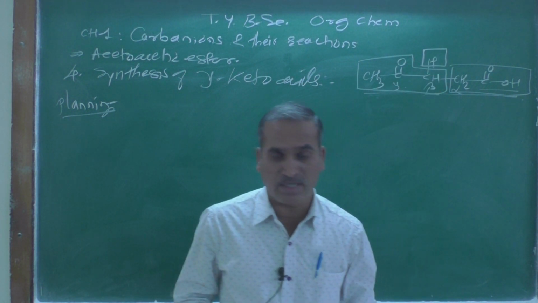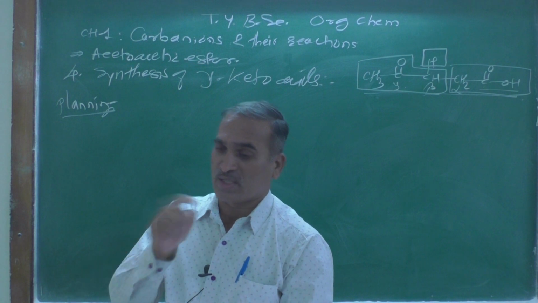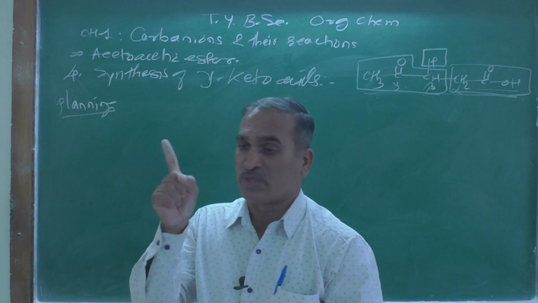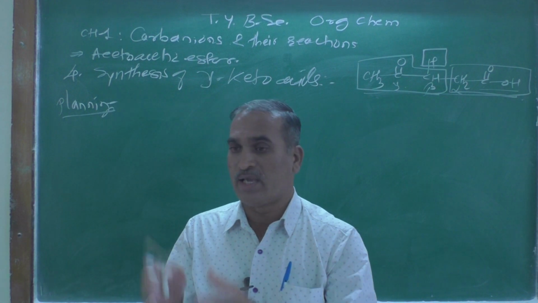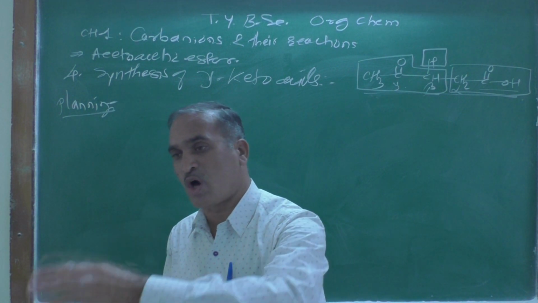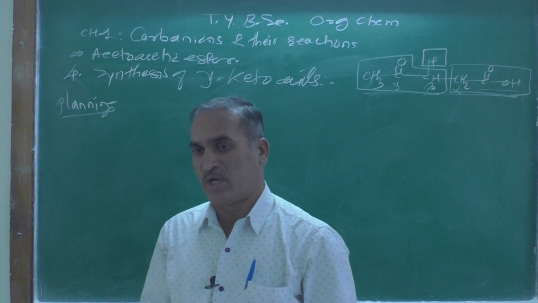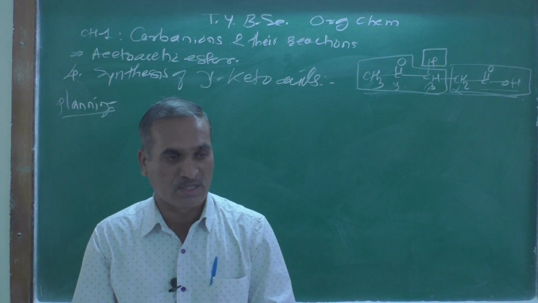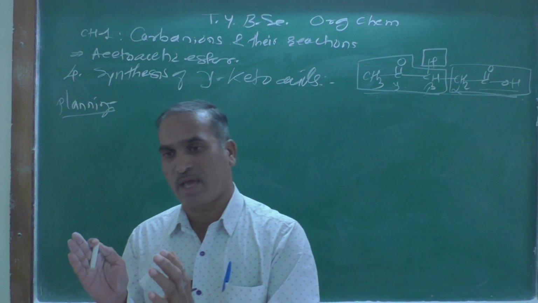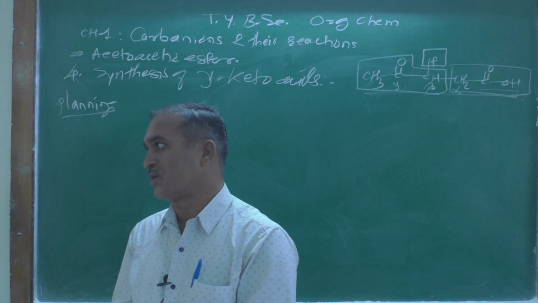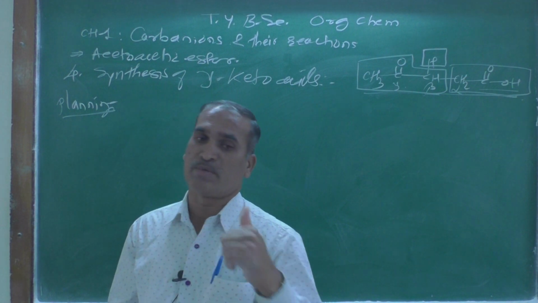Now look, here is a hydrogen atom. Where is this hydrogen atom coming from? This hydrogen atom is coming from the solvent, during the protonation, whatever reaction we carry out.